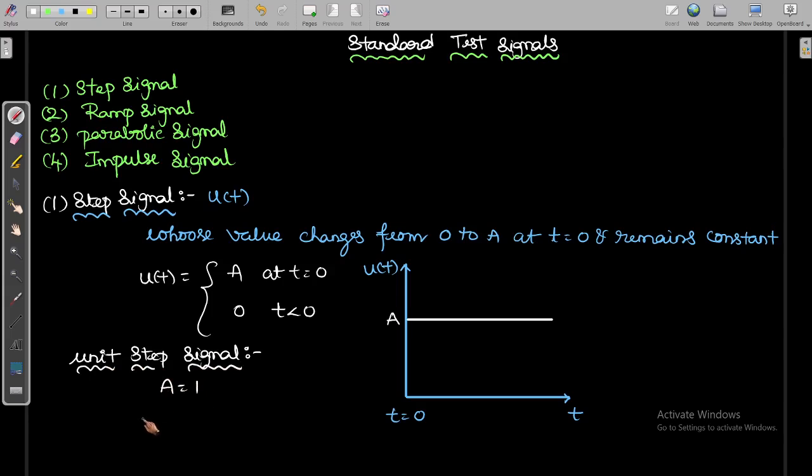If A equals 1, then u of t is 1 for t greater than or equal to 0, and u of t equals 0 for t less than 0. Like this we can represent the step signal.